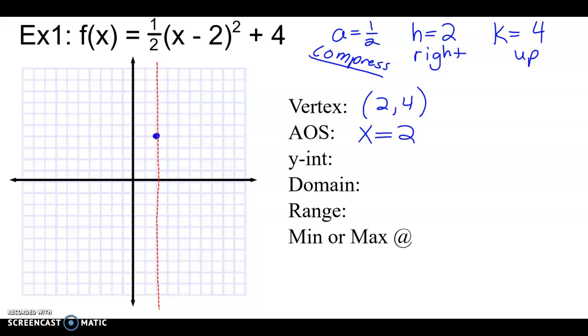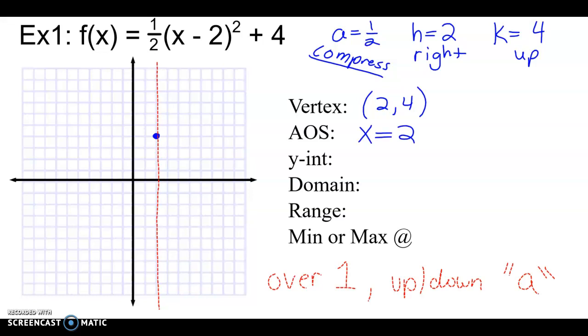We're always going to go over 1, and then up or down the A value. I'm just going to write all my notes in dotted lines from now on.